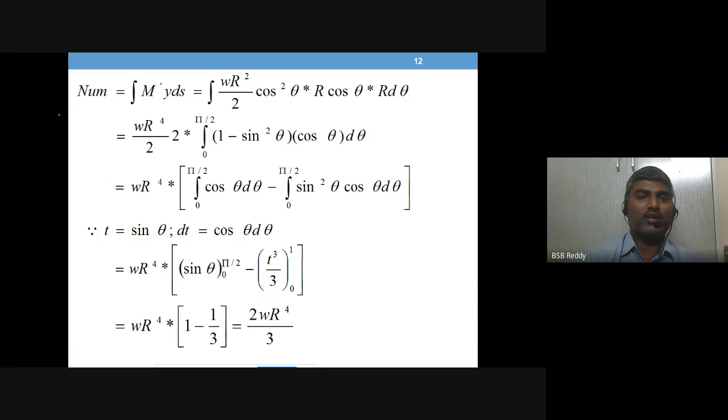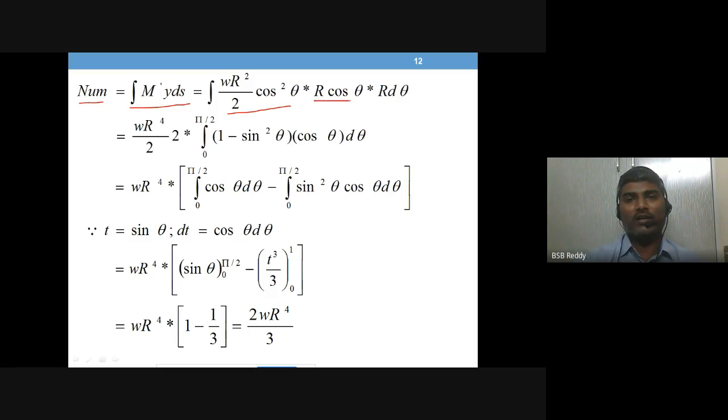So let's work out the numerator first, as we always do in case of this solution. So the numerator is simply integral m dash y ds. Now substitute for m dash what it is, wr square by 2 cos square theta, just now simplified. This is the m dash value.